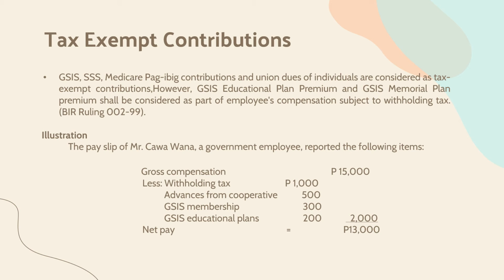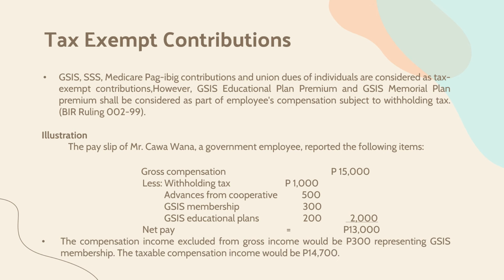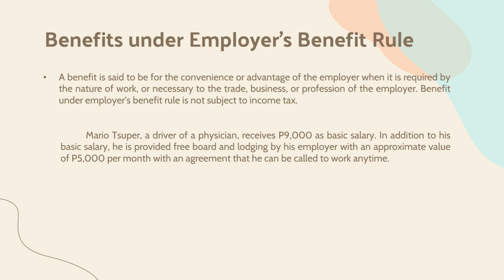A total of 2,000 less to 15,000 is equal to 13,000. The compensation income excluded from the gross income would be 300, representing GSIS membership. The taxable compensation income would be 4,700.